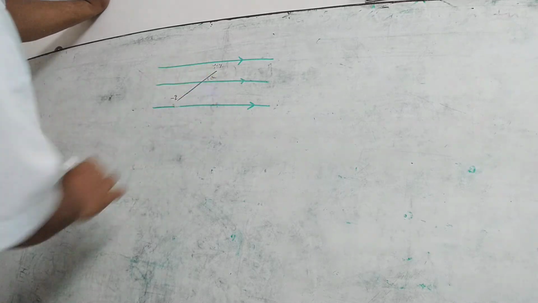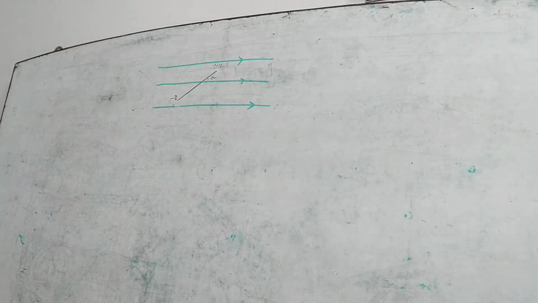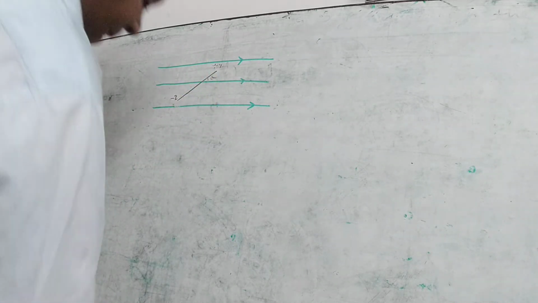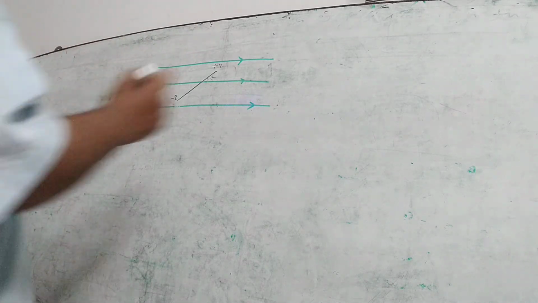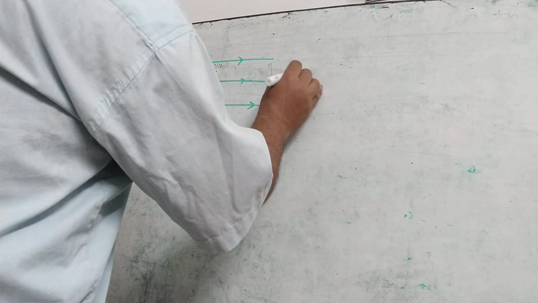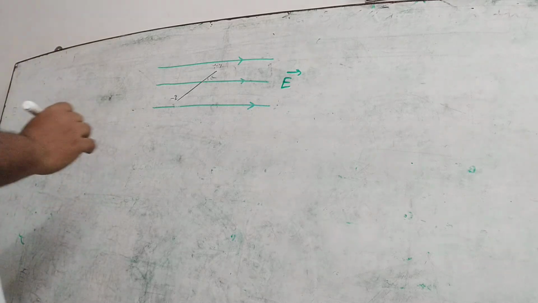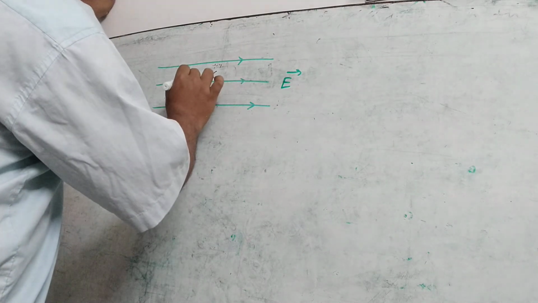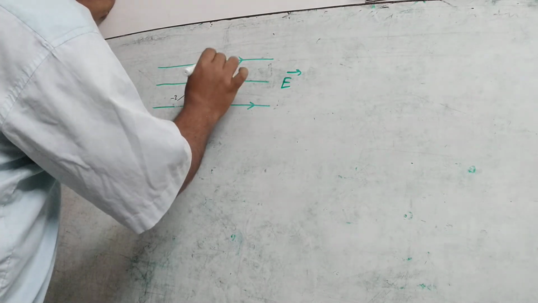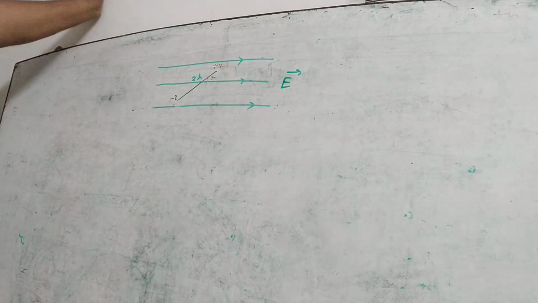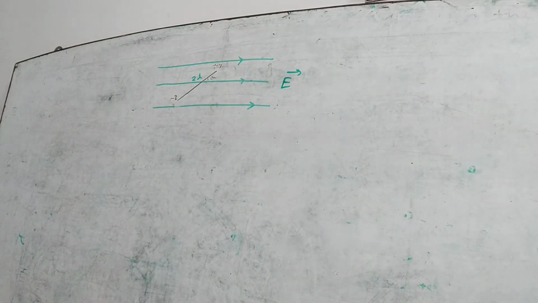Theta is the angle between the electric field and the axis of the electric dipole. 2l is the distance between the two point charges, plus q and minus q.